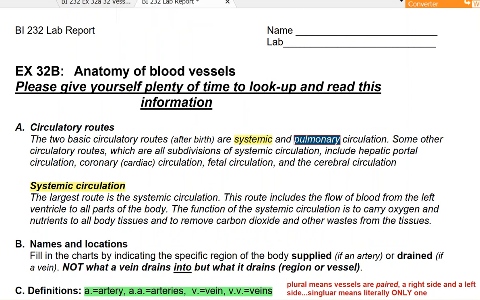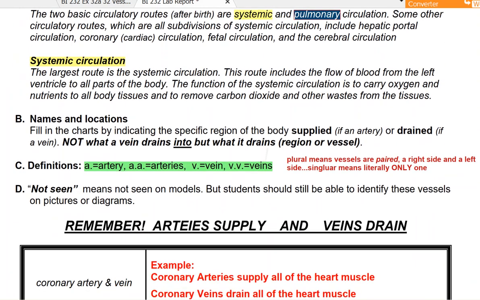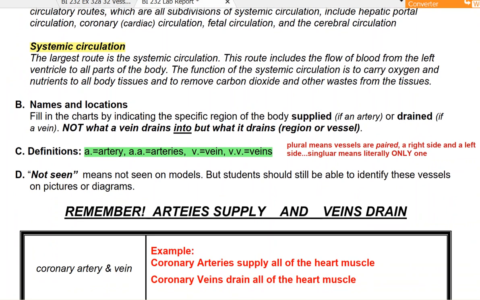So the next part of your lab report is 32B. This is where you're learning the names of all the vessels. We're going to be looking mostly at systemic circulation. We learned pulmonary circulation when we talked about the heart, right? I just want to draw your attention to a couple of definitions.